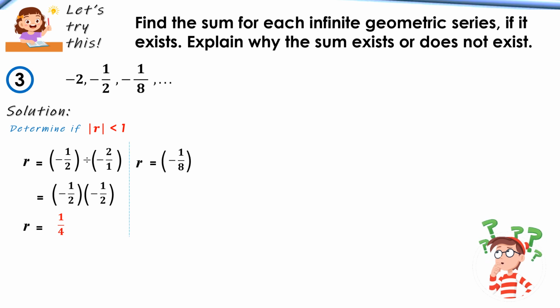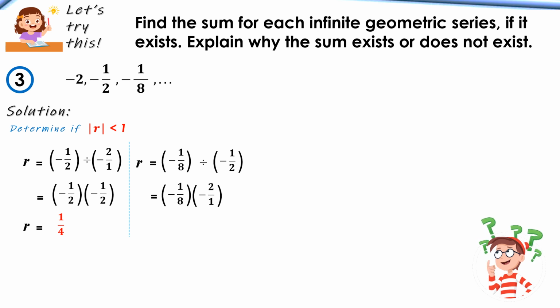Okay, let's proceed to the second pair of terms. We have r is equal to negative 1/8 divided by negative 1/2. And that will give us negative 1/8 times negative 2 over 1. The reciprocal of negative 1/2 is negative 2 over 1. And then we will multiply.